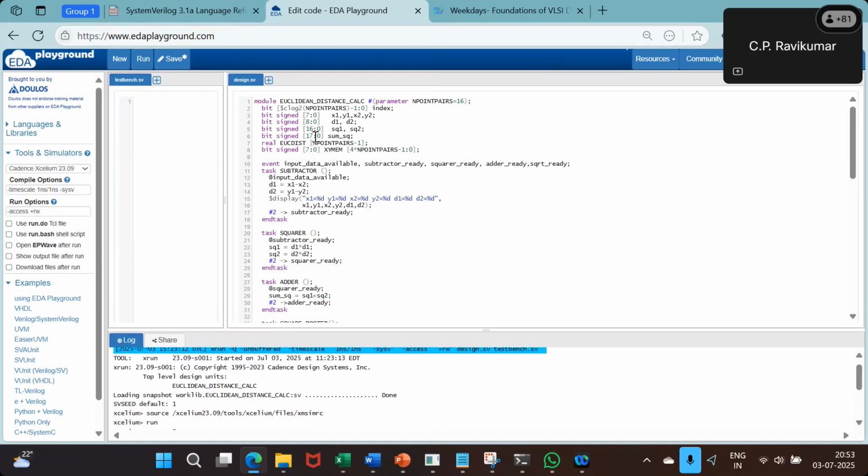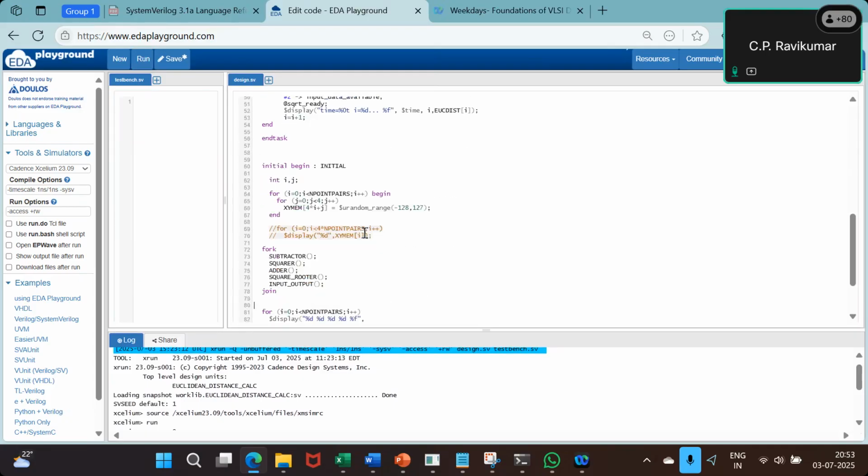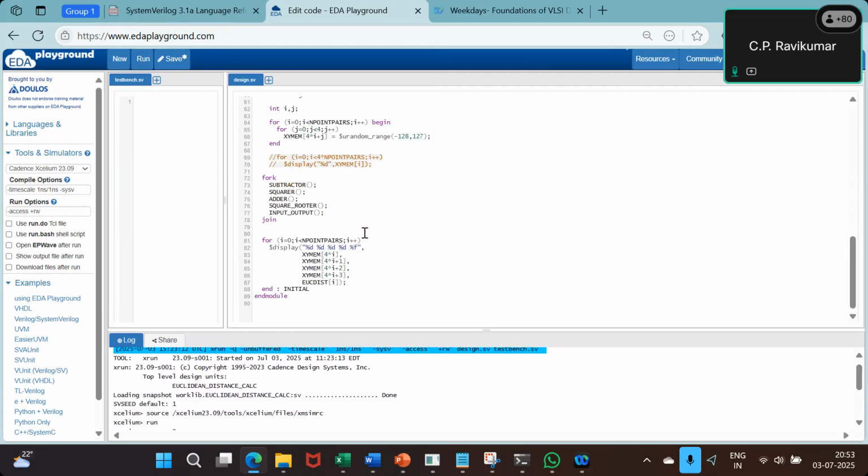Hmm. Which for loop, man? There are so many for loops. Which for loop have I not done? Hmm. XY mem requires only one, this one, no? 4i plus j only.